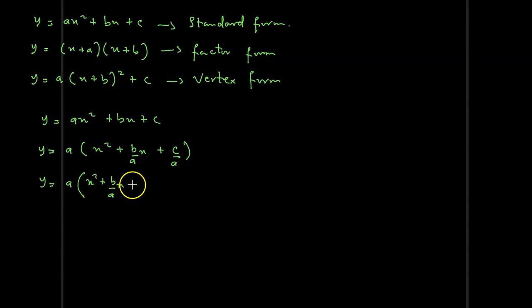So you are going to have it as plus b on 2a, then all squared, minus b on 2a all squared, then plus c on a.